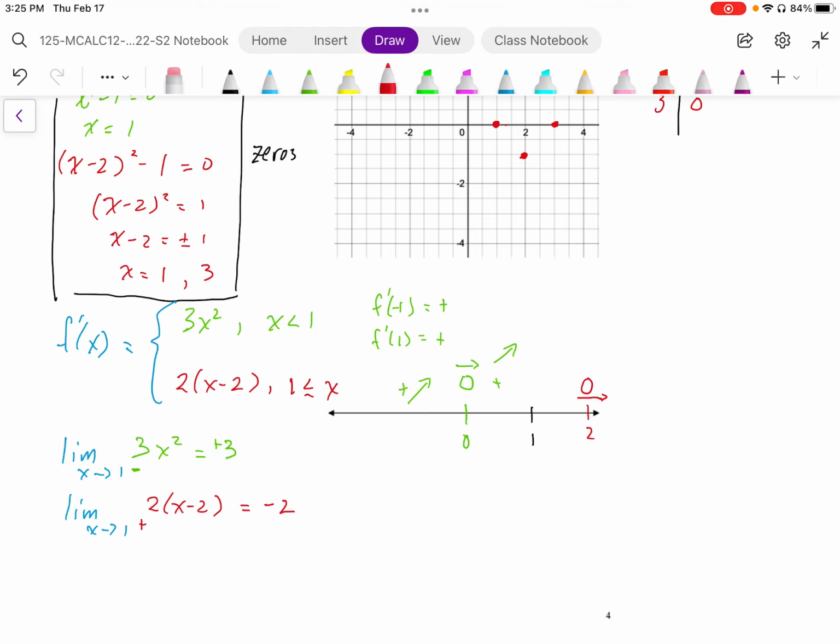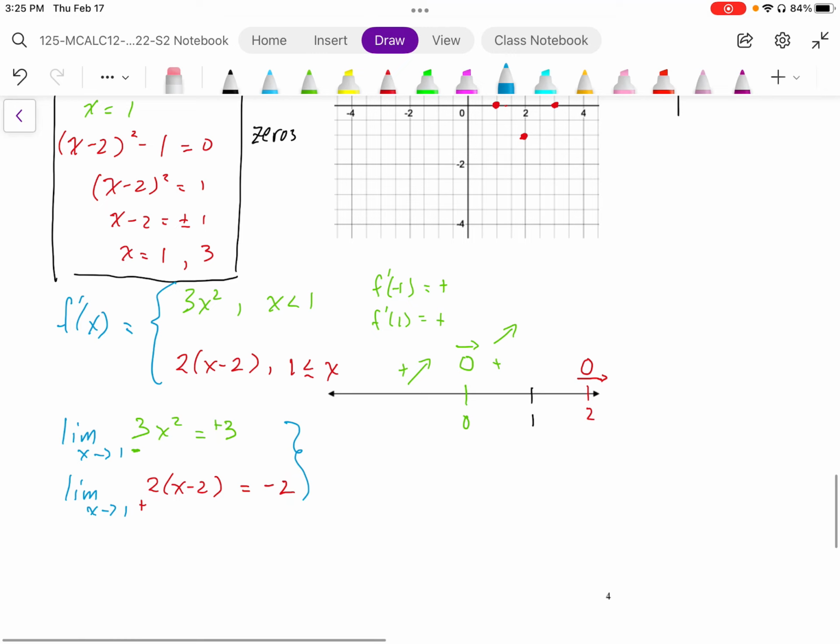So because the slopes are not the same from the left and right-hand side, the conclusion is going to be the limit as x approaches 1 from both sides of f prime of x does not exist. Okay, so then we have to be aware that something can happen across that coordinate.